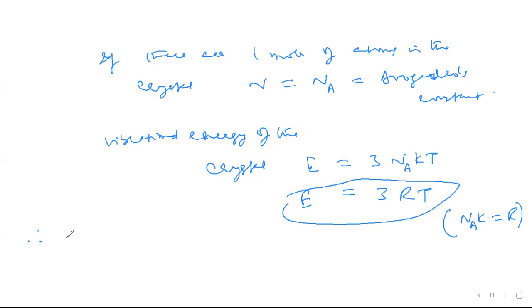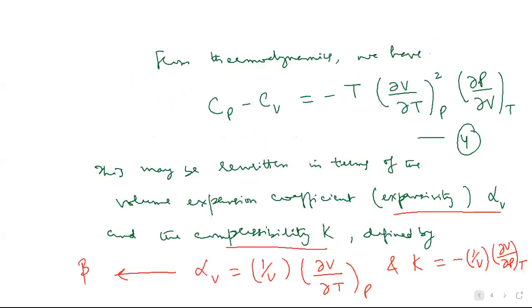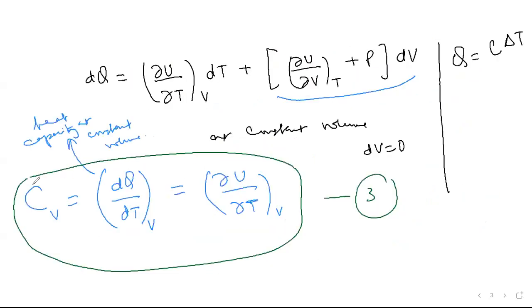Therefore, heat capacity Cv is, remember this equation, heat capacity at constant volume. To get that, you have to differentiate the internal energy of the system with temperature. U here is internal energy of the system.